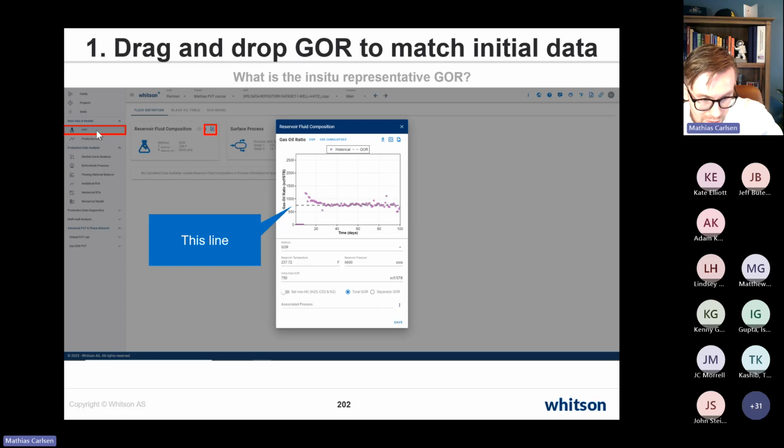In the PVT feature, we're going to open the reservoir fluid composition card by clicking this button up to the right here. Then we're going to drag and drop this gray line as we like. You can drag and drop it on the screen, or you can also input a number here, for instance, 750.